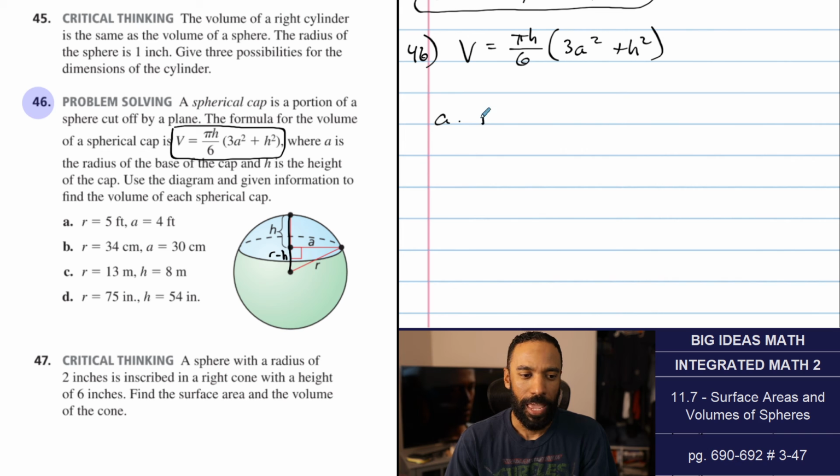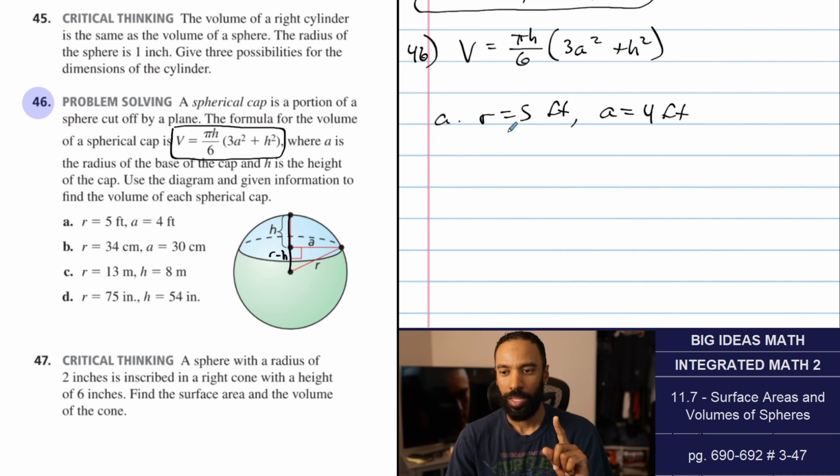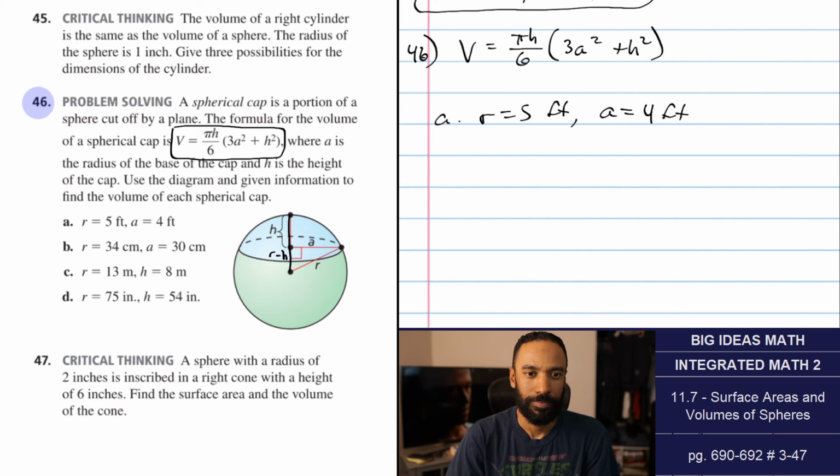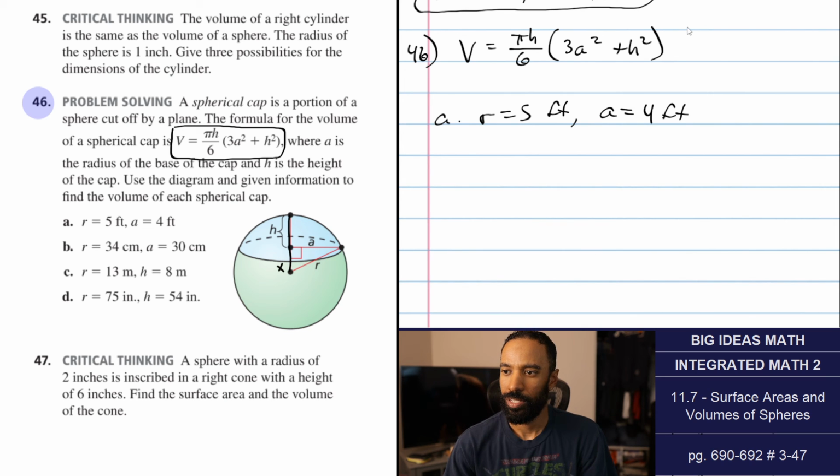So for part A, if R is 5 feet and A is 4 feet, then I can say in Pythagorean theorem that my, you know what, I will call it X. I'll call this X, and I'm going to say that X equals R minus H. So I can set it up here.